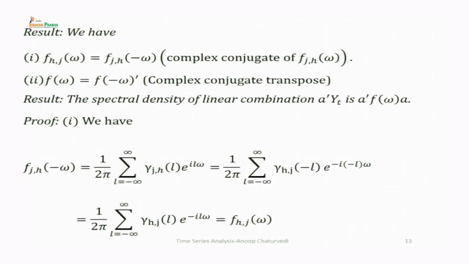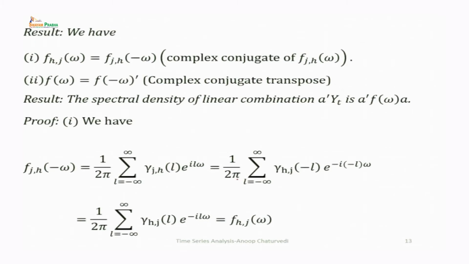Then we also prove this result, the spectral density of the linear combination A transpose y_t is A transpose f(omega) A. So, to prove the first result, we have f_jh(minus omega) equal to 1 upon 2 pi summation over L of gamma_jh(L) e to the power i L omega. You have replaced omega by minus omega, so you do not have minus sign here.